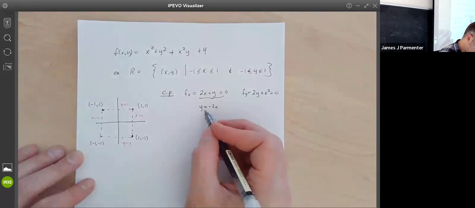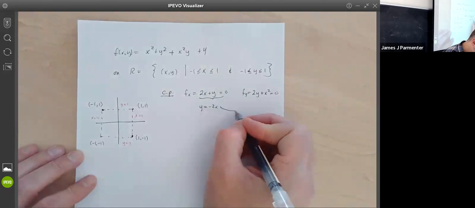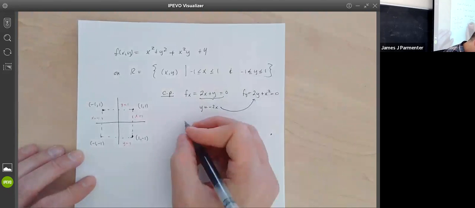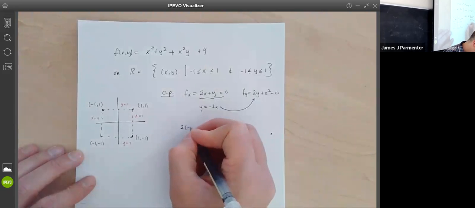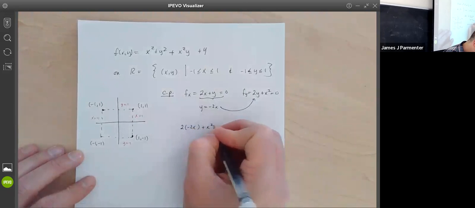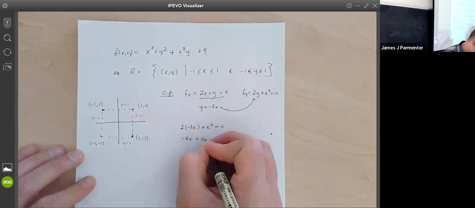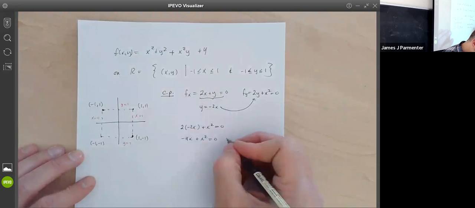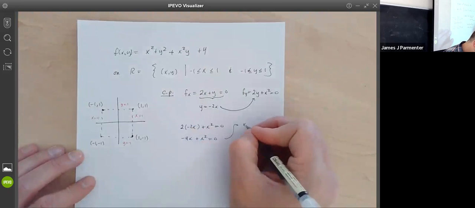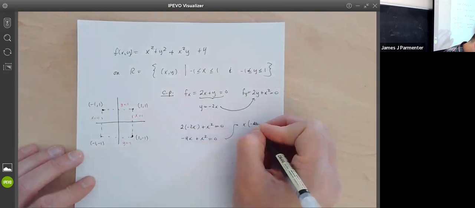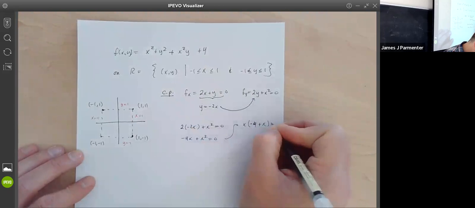But if I take that and plug in y equal to -2x there, I get 2 times -2x plus x squared equal to 0. So -4x plus x squared equal to 0. So that's going to give me x times (-4 plus x) equal to 0.